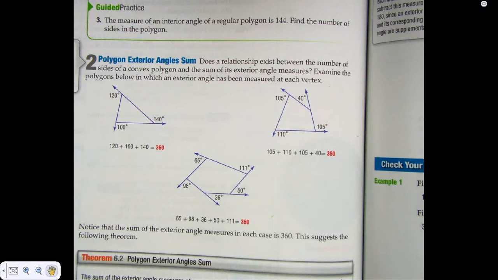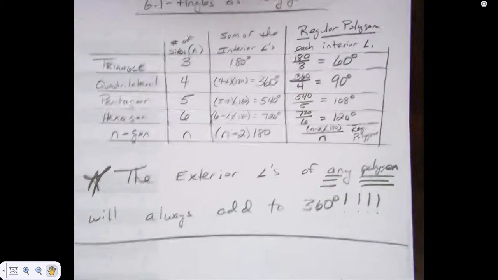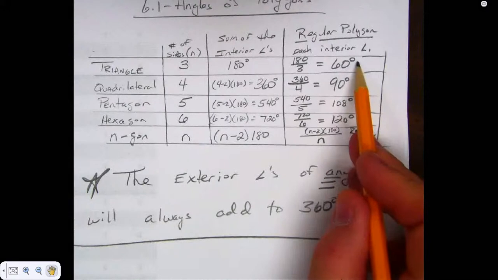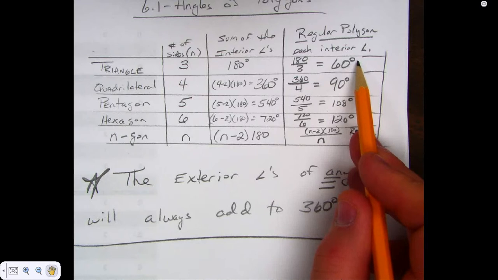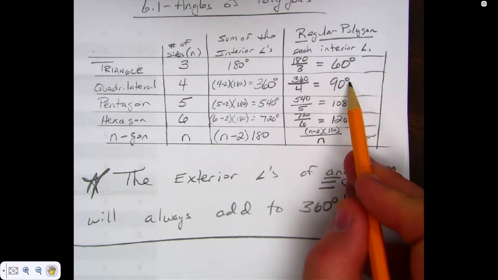It's always going to be the other side of 180 degrees, isn't it? Of the one you have and the interior. So here the exterior angle is 120, right? And you got three of them. Guess what 120 times 3 is? 360. The exterior angle of this one is going to be what? 90.